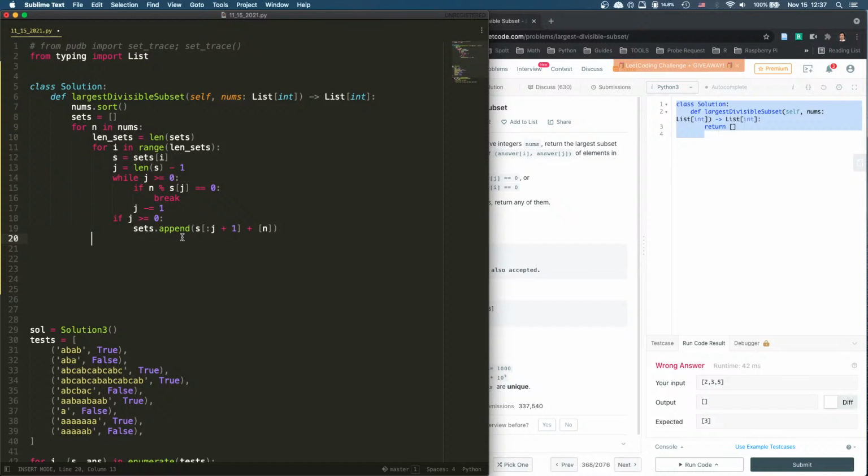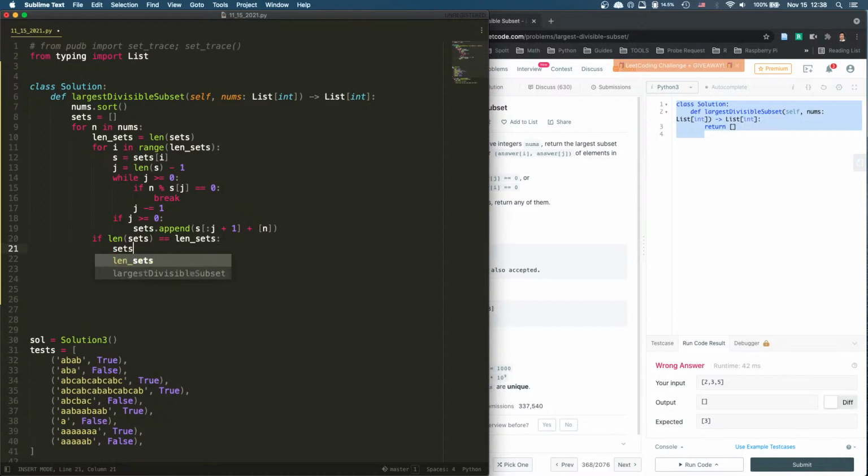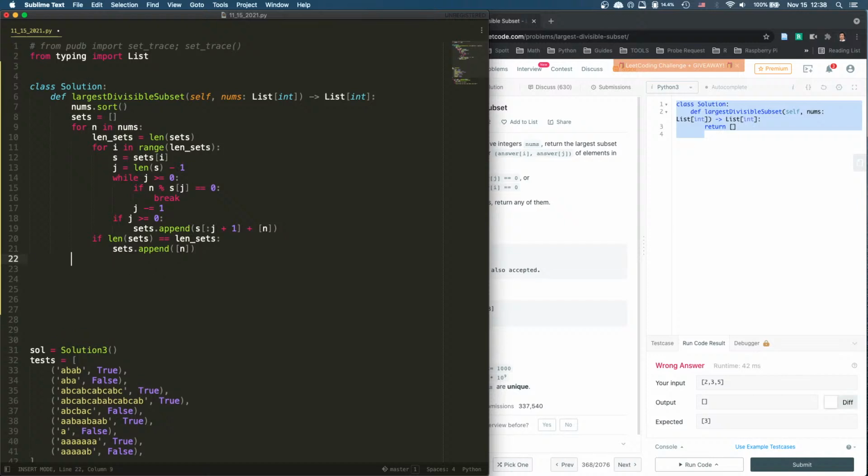We create a new set, push it back, and at the end, we need to see if the length of sets is equal to the previous length of sets. That means nothing gets added, which means the new value does not divide any value in the previous sets. So if that's the case, then sets.append just myself. Then we try the next one.